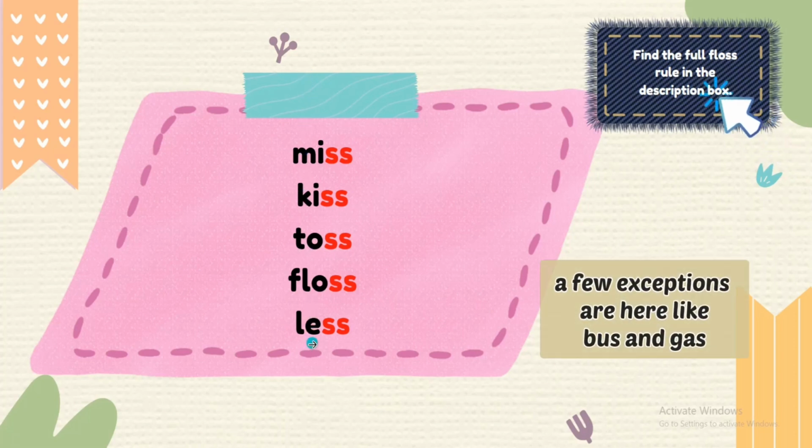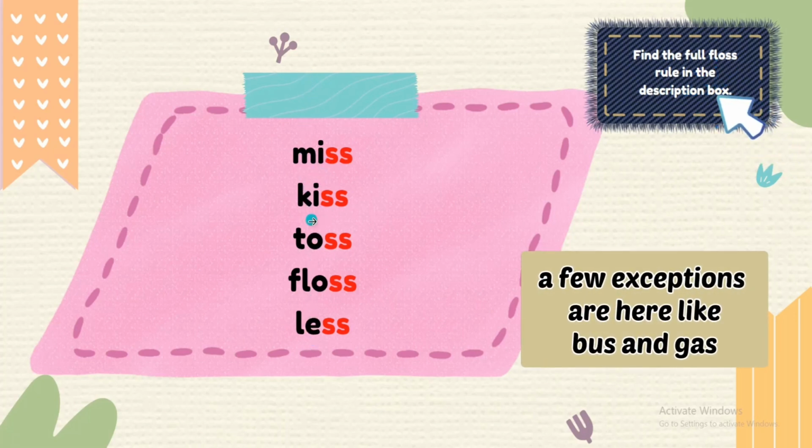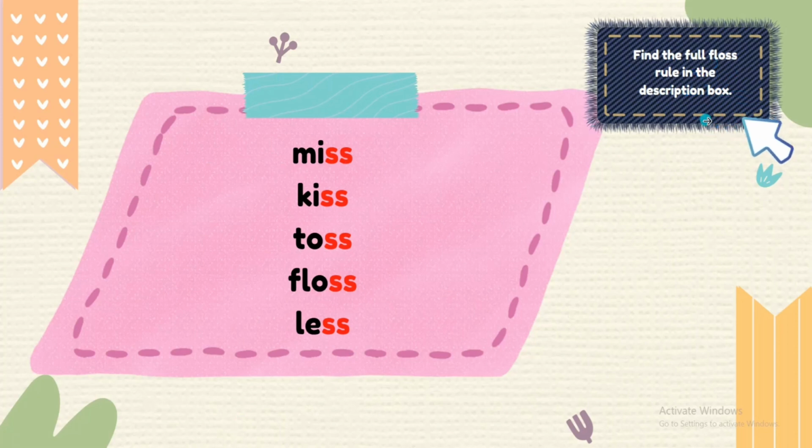In all these words, we have a single short vowel sound, and after that we have S at the end, so we need to double it. If you want to learn the floss rule in detail, you can check out the video link given in the description box.